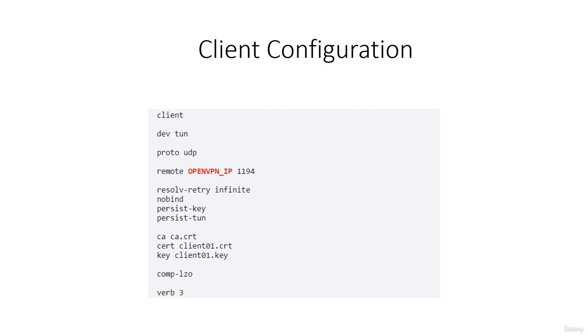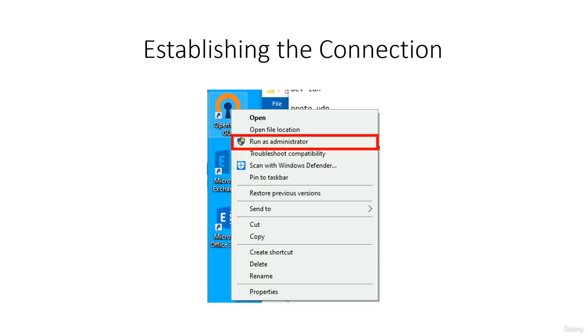Then we need to establish the connection. It will create a desktop shortcut. Simply run as administrator. Make sure you always open the OpenVPN GUI software as an administrator, because that will give it root access or administrator rights.